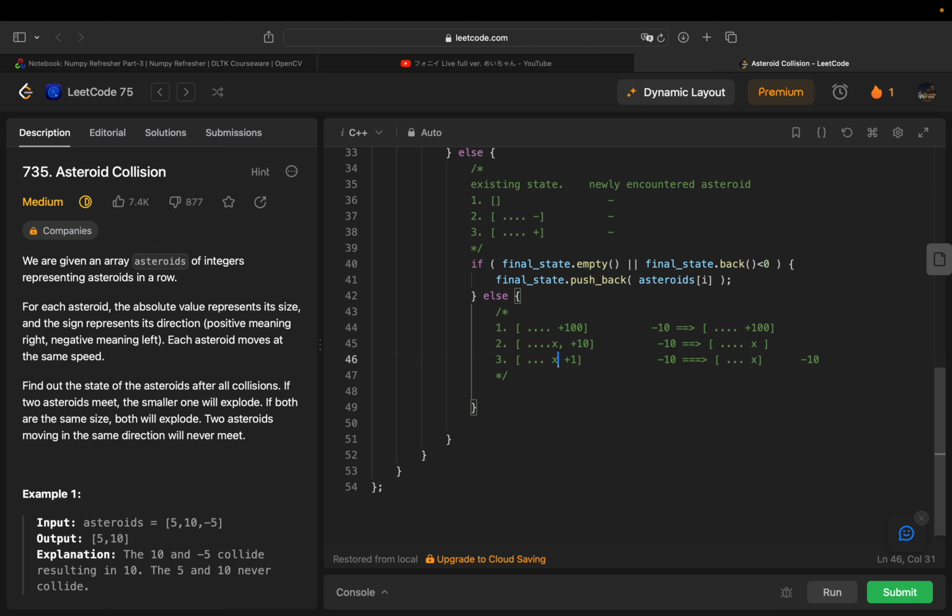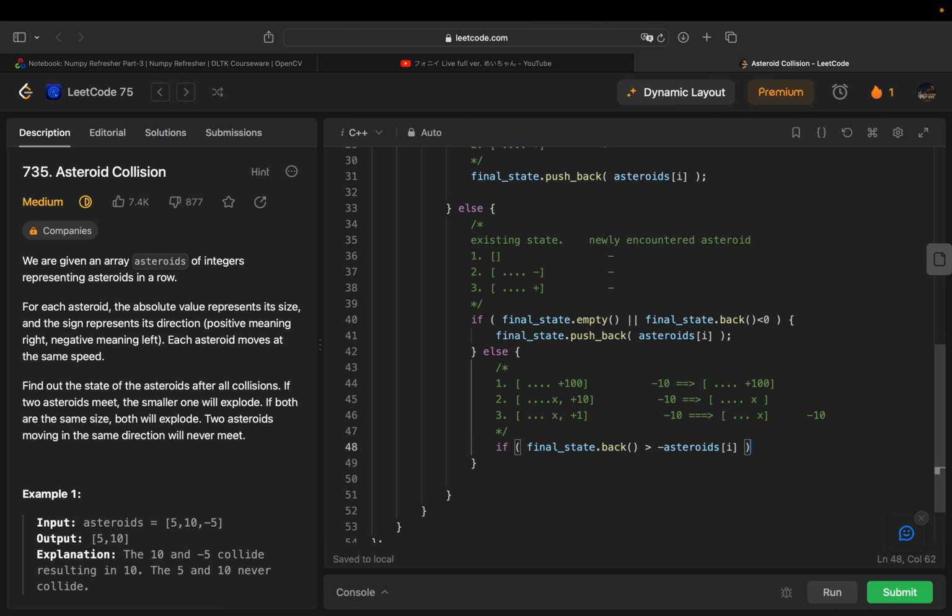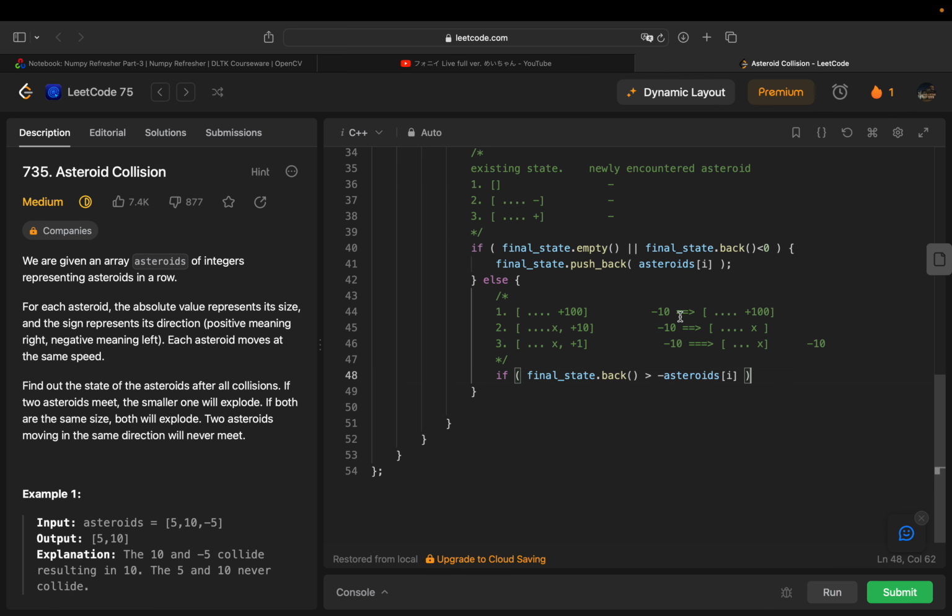If the last one has a mass that is larger than the newly encountered asteroid's mass, then we are not going to push it into our current state, so the state remains invariant.